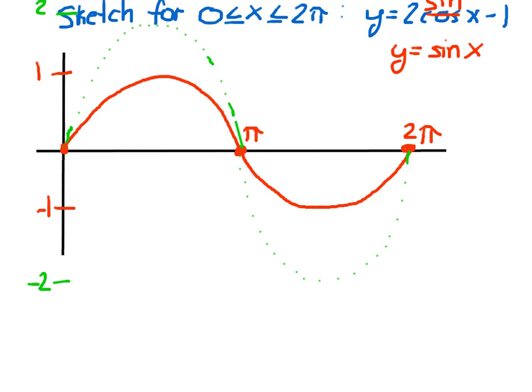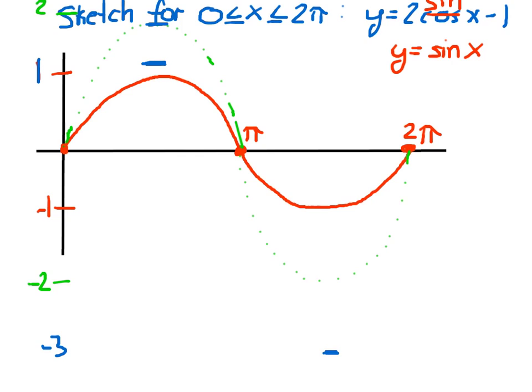And so that -1, I'm going to use blue now, shifts my entire graph down 1. So if this new max was 2, this max is now going to be 1. If this minimum over here was -2, the new minimum is going to be down here at -3. Okay, so I have 1 and -3.